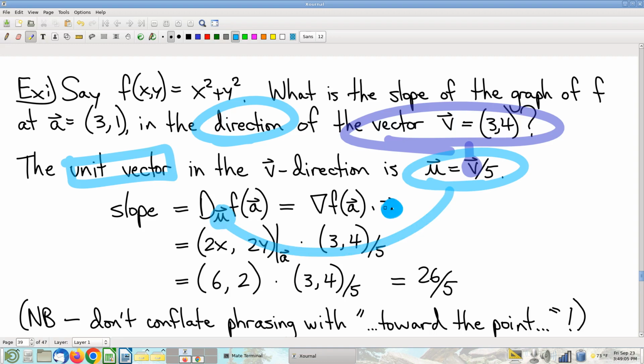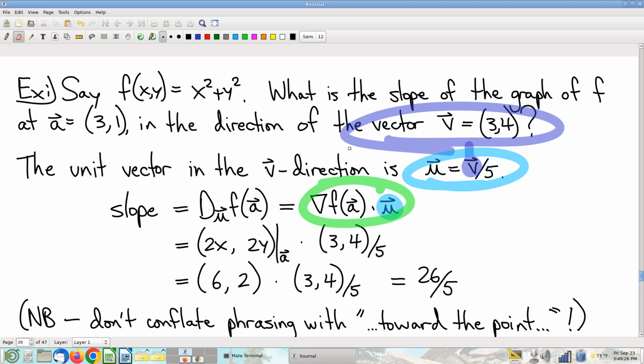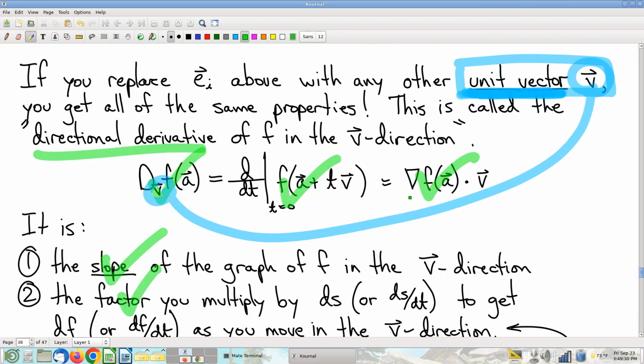That then is what we dot with the gradient in the computation of that directional derivative to give me slope. And now it's all algebra from here. Is that okay? Everybody happy? Okay. So heads up about that. If you're going to use all of these properties, you have to have a unit vector.